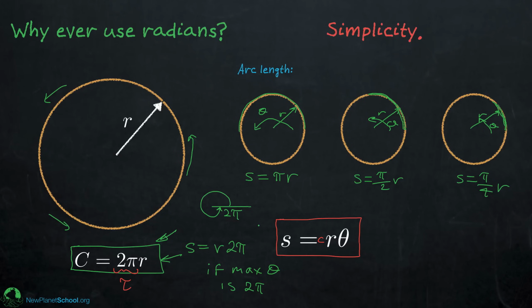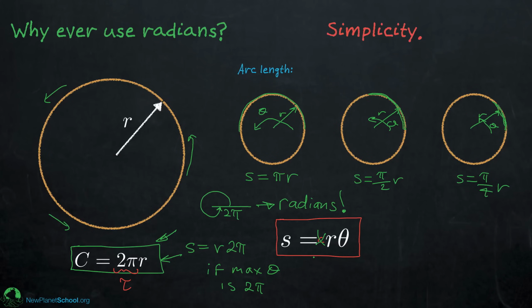So wouldn't it be convenient to measure angle in units such that if I go all the way around, I get to 2 pi? If I do that, I don't need this constant right here, and I get this very simple formula. And that's what we're looking for, is simplicity. And those units, if I define those units, are called radians. And boy, do they make things very, very simple. So that's why we use them, because the formulas written in radians have very, very simple forms.